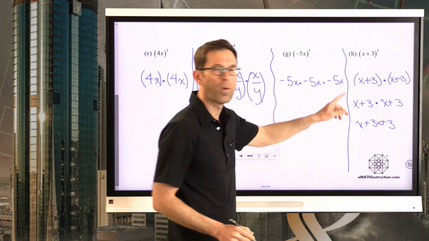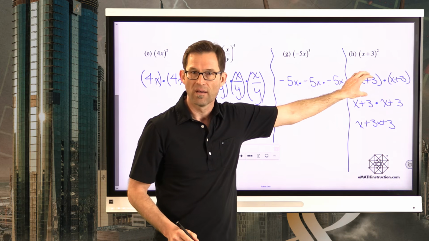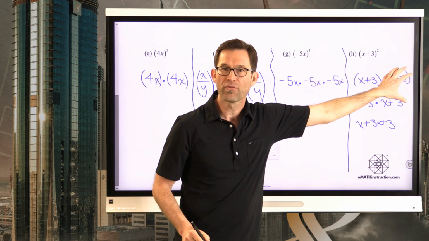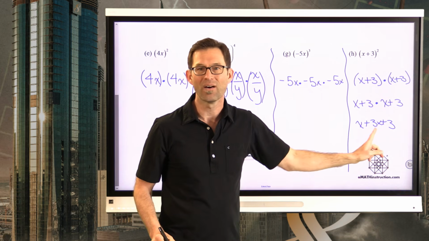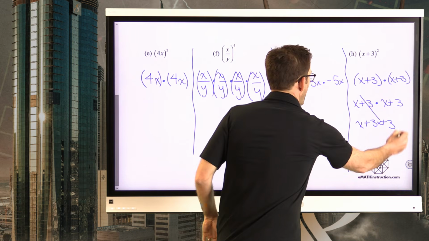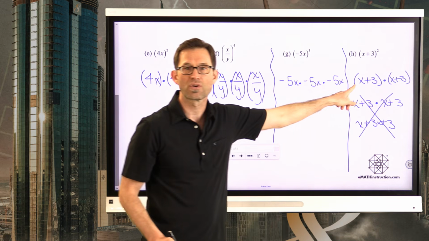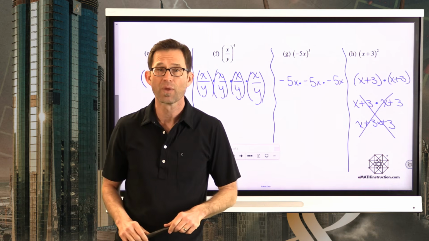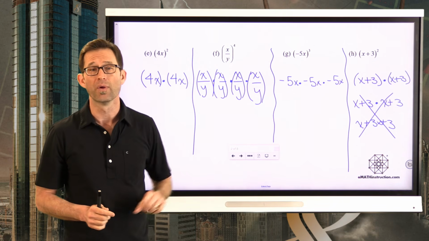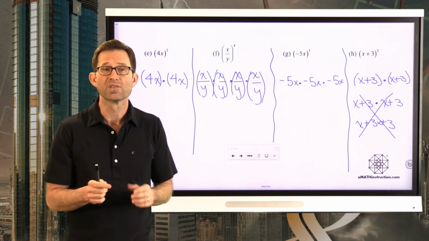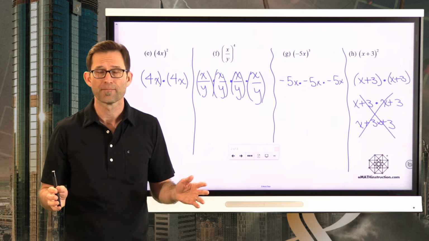And that's not what this is. This is add 3 to x, and then multiply the results. So we're going to cross all this stuff out. Make sure you have those parentheses. All right, so can you take a situation where you've got an exponent and know what it means in terms of this extended product?